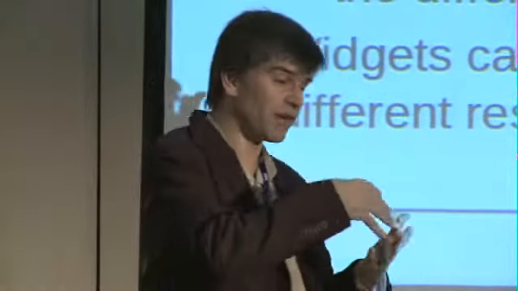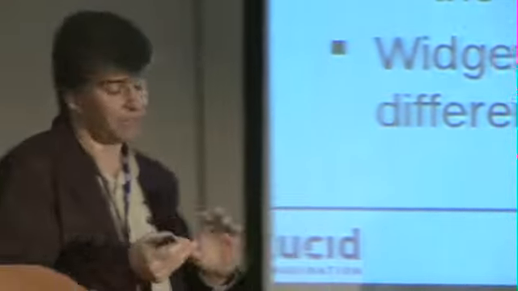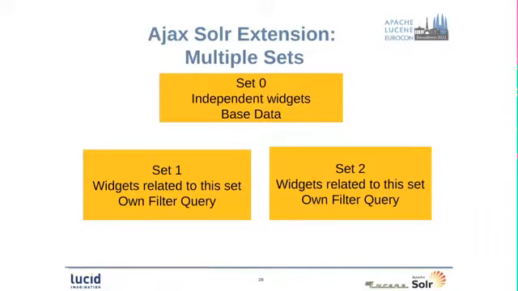So for example, you say, OK, I have set 0 and set 1. Set 0 is something like a base query. And then we can have set 1, set 2, for example. This is for male. This is for female. And we can put a filter as a basic of the set. And then every time I add a query, I can have some kind of copy from one set to another set.